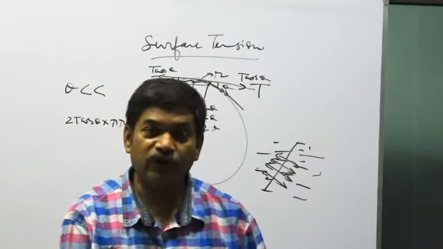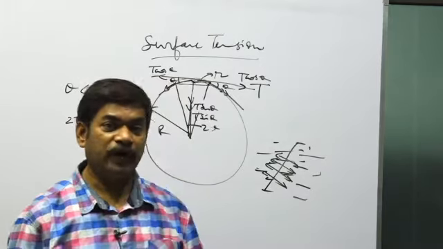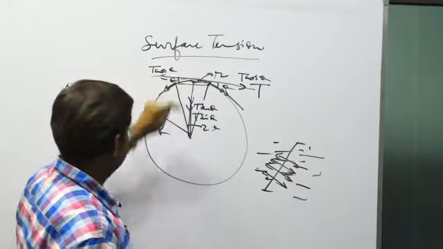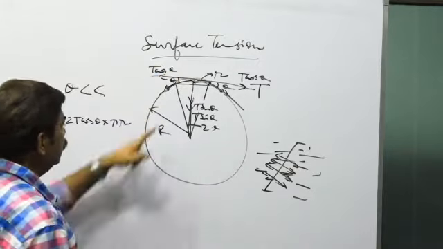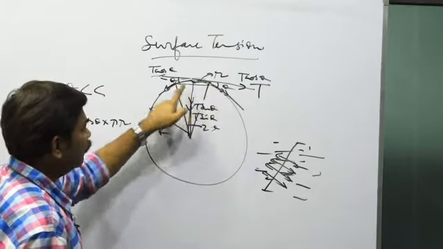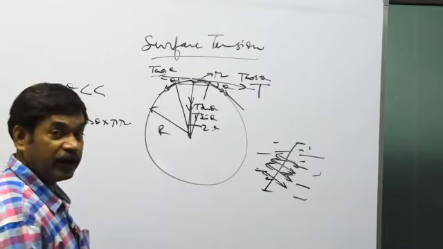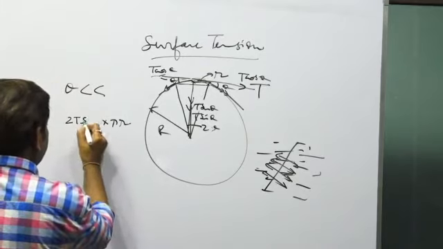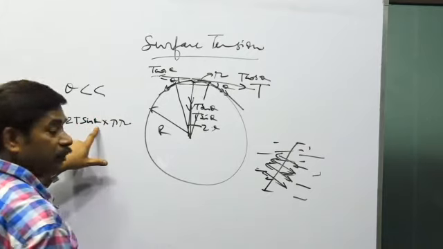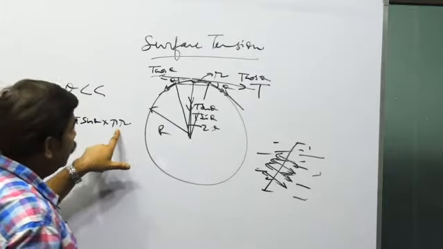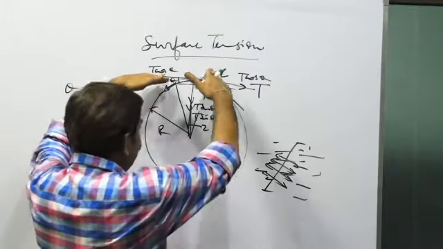Because this length is pi r, the force acting on it will be T sin theta, taken from both sides. And the T cos theta components from all sides will be cancelled.